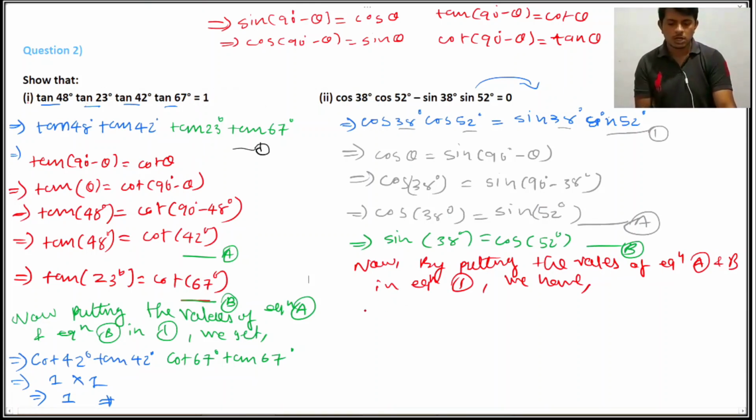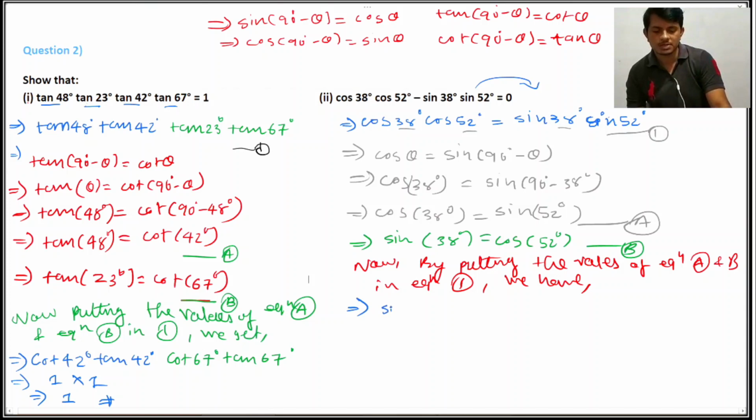Now let's put the values here and see what we have. By putting the values, cos 38 degree is equal to sin 52 degree. So we replace the cos 38 degree with sin 52 degree.